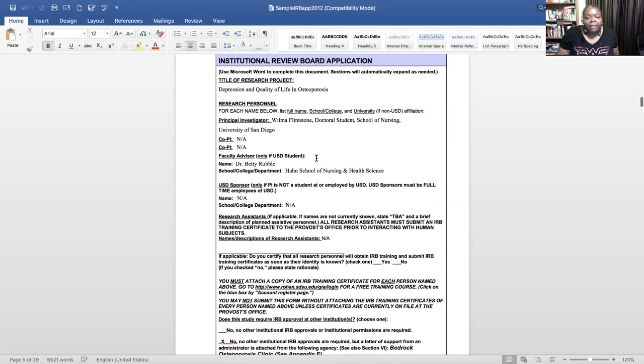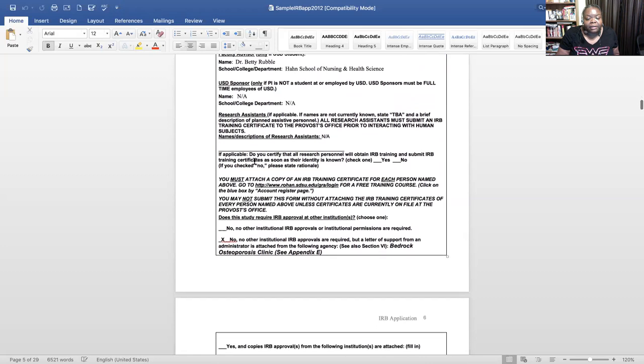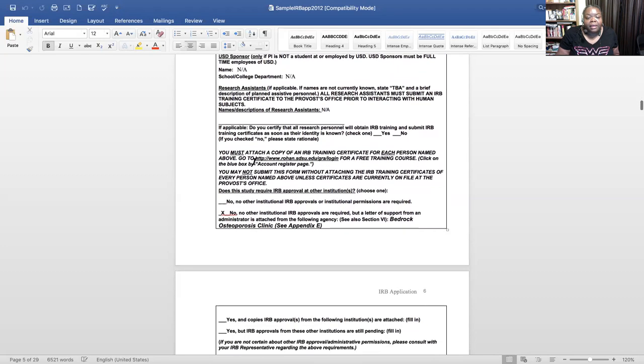Within the IRB application, you'll notice that it asks for some general information about the project: the title, who will be the researcher, if there are any co-principal investigators, the faculty advisor, et cetera. And then each person that is conducting the research has to be trained.